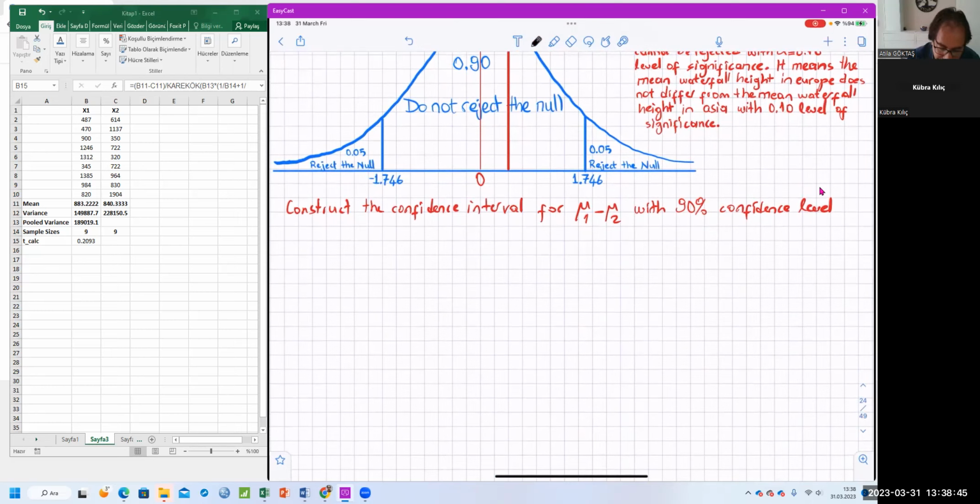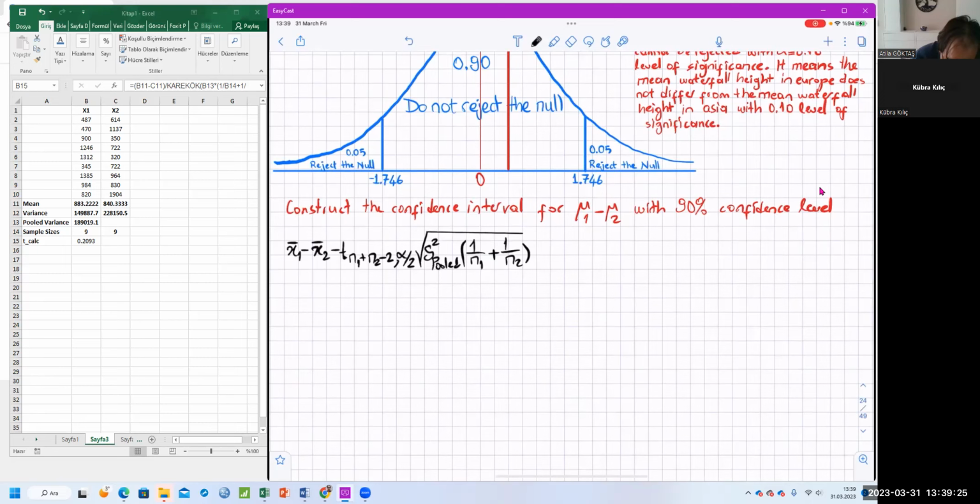I'll give you the definition of the confidence interval, which is x1 bar minus x2 bar minus t with n1 plus n2 minus 2 degrees of freedom and alpha divided by 2, times the square root of the pooled variance times the reciprocal of n1 plus the reciprocal of n2, and this is for mu1 minus mu2.